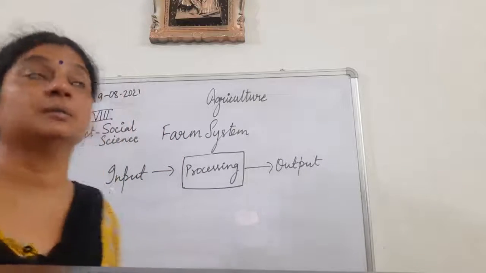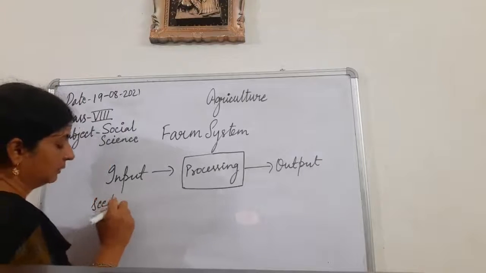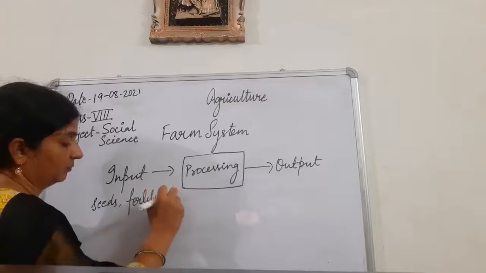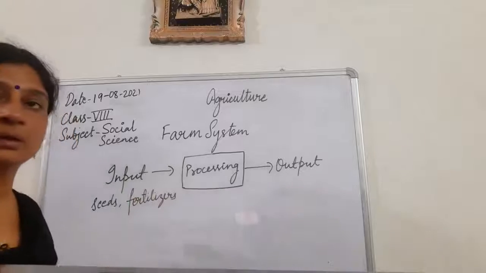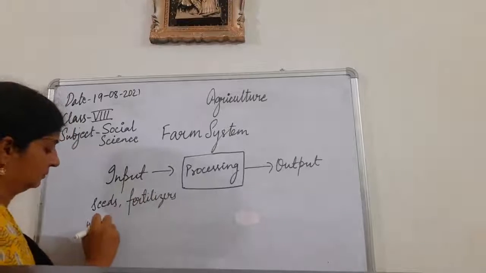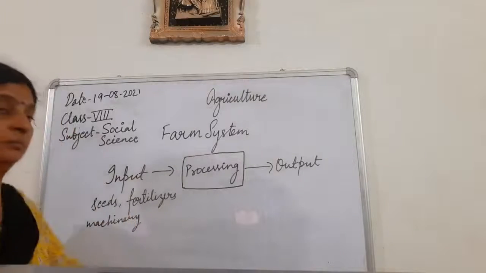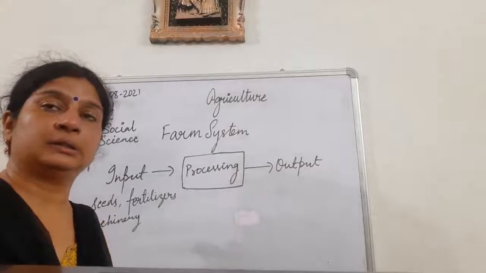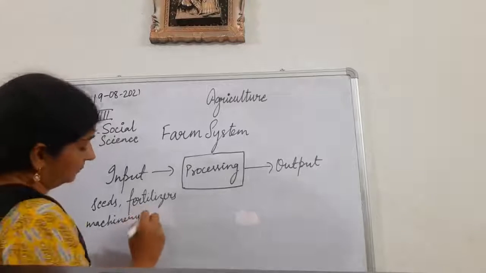The inputs are seeds, है ना, seeds are input, then fertilizers and then machinery, and other than this labor is also input.